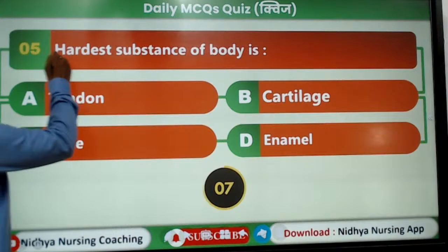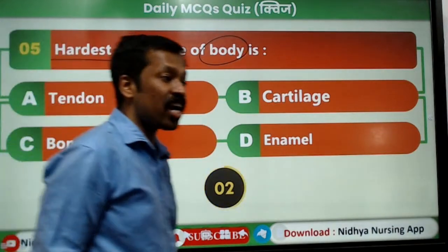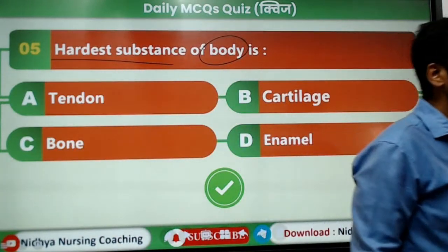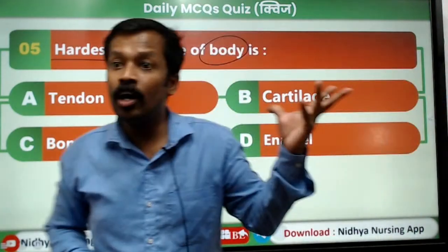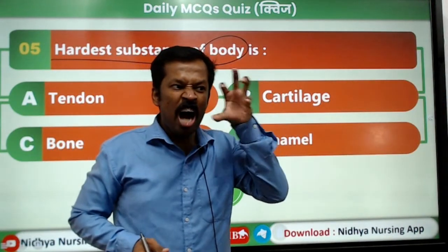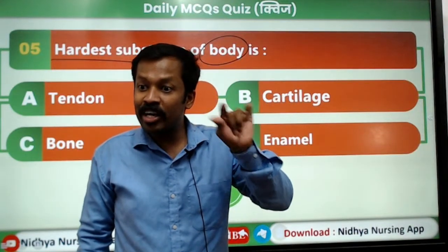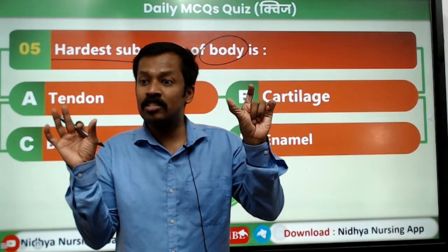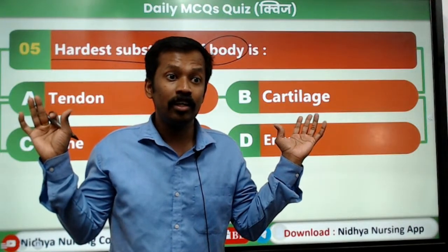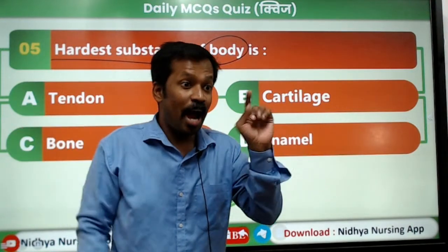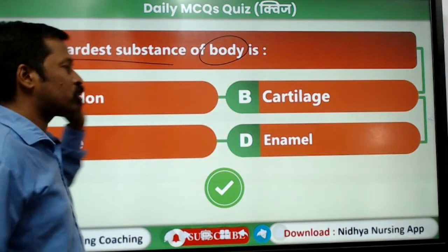What is the hardest substance of the body? We know that, isn't it? In the world, the hardest substance is diamond. But after diamond, what is the hardest substance in our body?